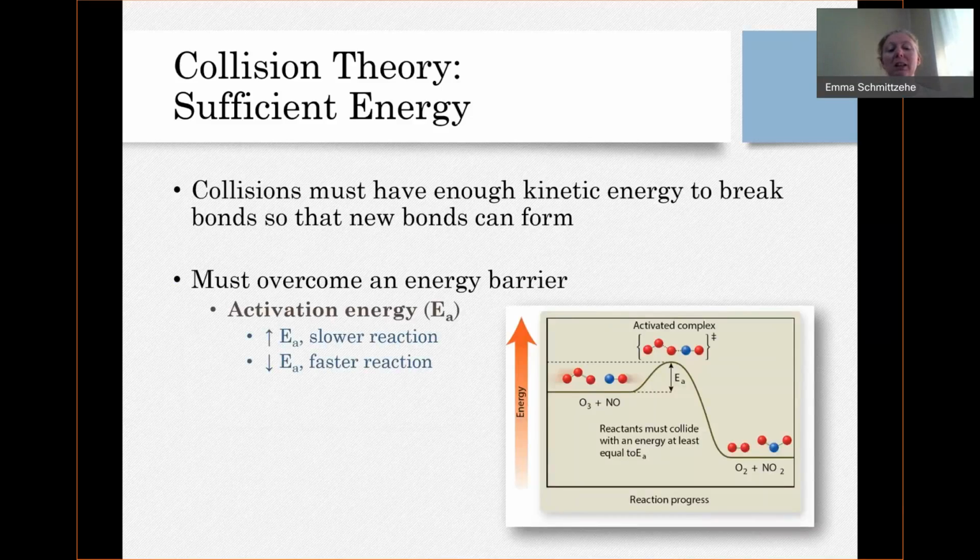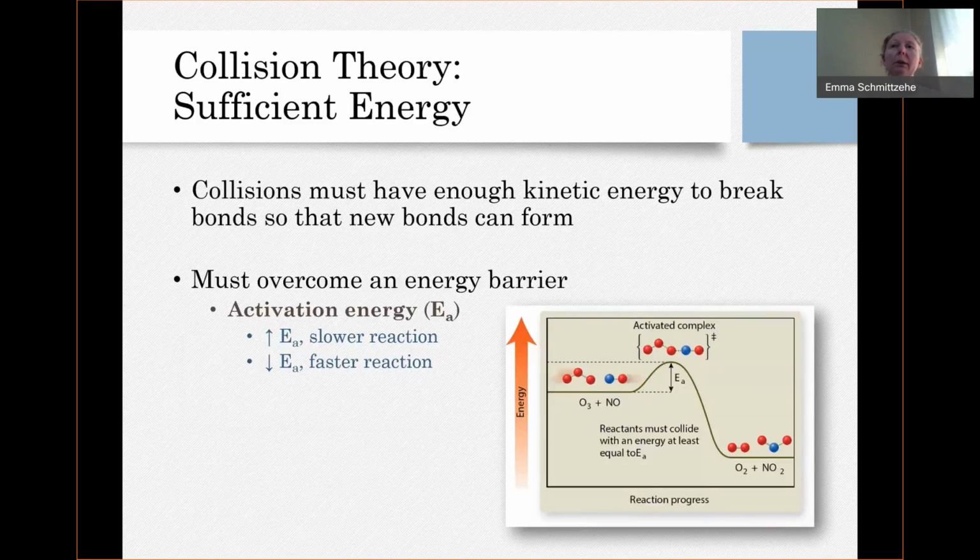And so the energy that the collision needs to have is the activation energy. Okay, that's the term that is used to describe the energy the collision needs to react. And so sometimes it's written as EA, that's activation energy.